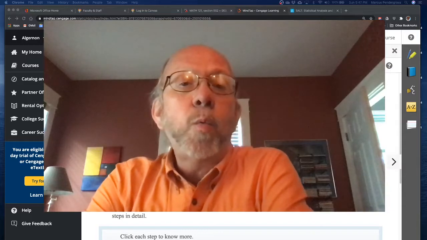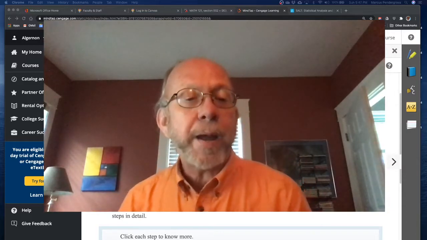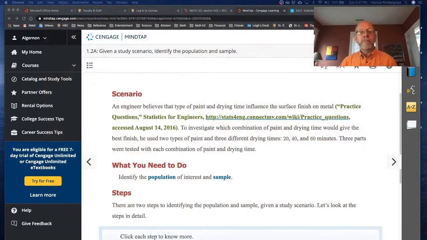Okay, and what's the sample? Well, let's go back again to the statement of the problem and look. We have here in this paragraph a description of a kind of experiment he's going to do. Basically, he's going to try two different kinds of paint, and for each of those types, he's going to try three different drying times, 20, 40, and 60 minutes. And then for each of those scenarios, he's going to test three parts.